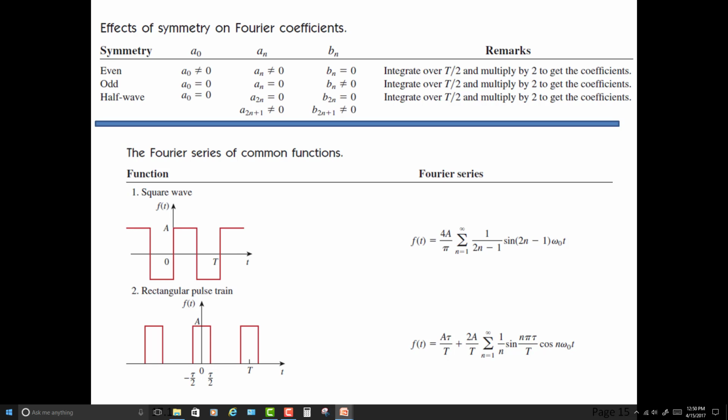If I have even symmetry, it says there's no DC component, right? That's what's going on here, no DC. I'm sorry. Whoa. Get out the eraser.